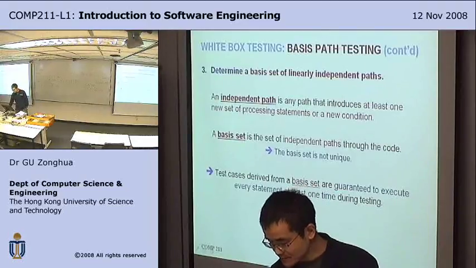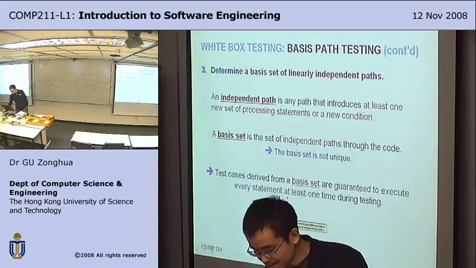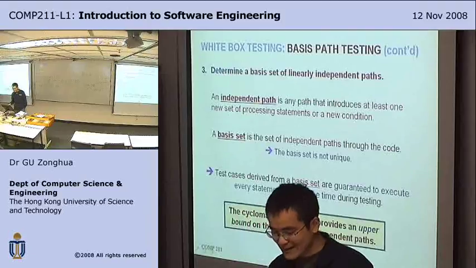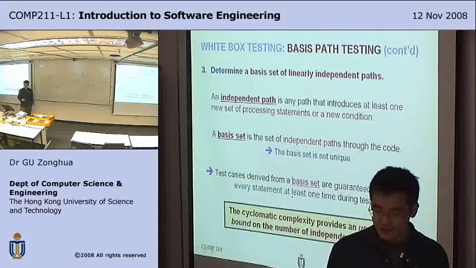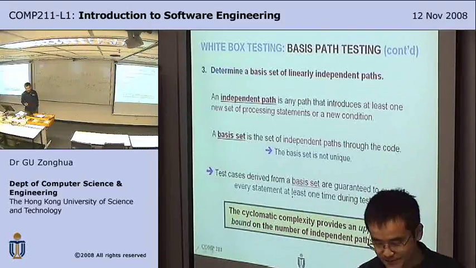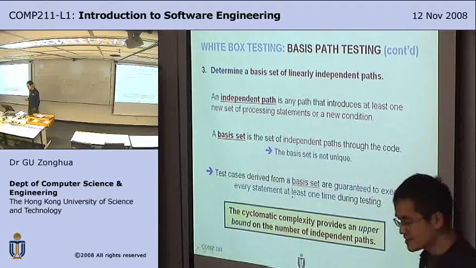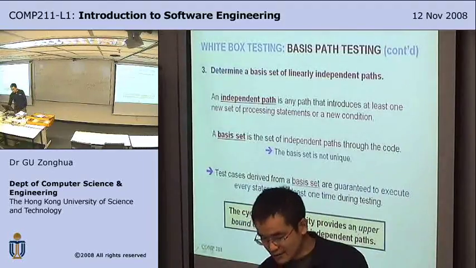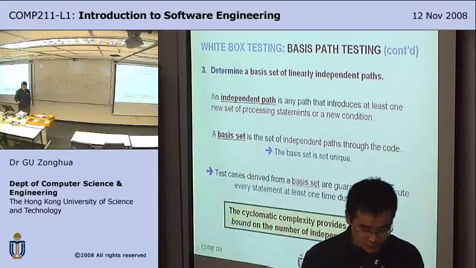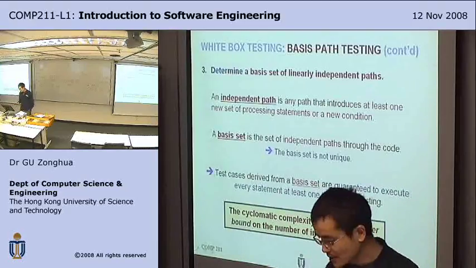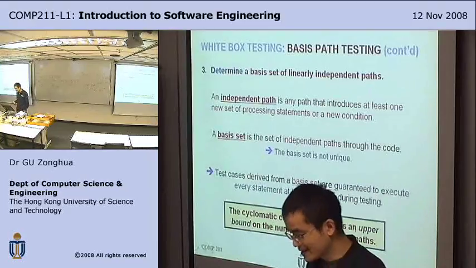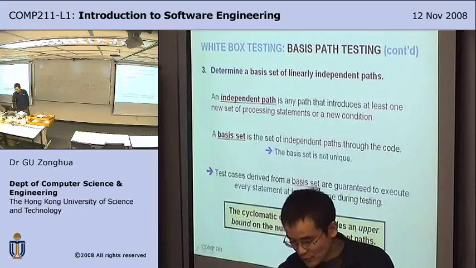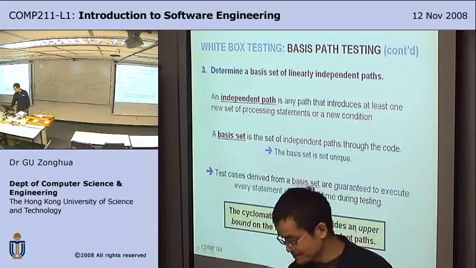So cyclomatic complexity provides an upper bound on the number of independent paths, that is, the size of the basis set. So it's an upper bound, but in all the examples we show in this lecture, it's equal to the number of basis paths. And in most cases, it is equal.